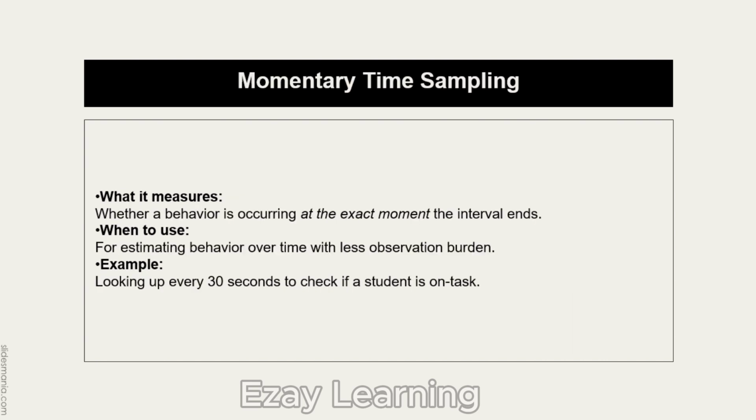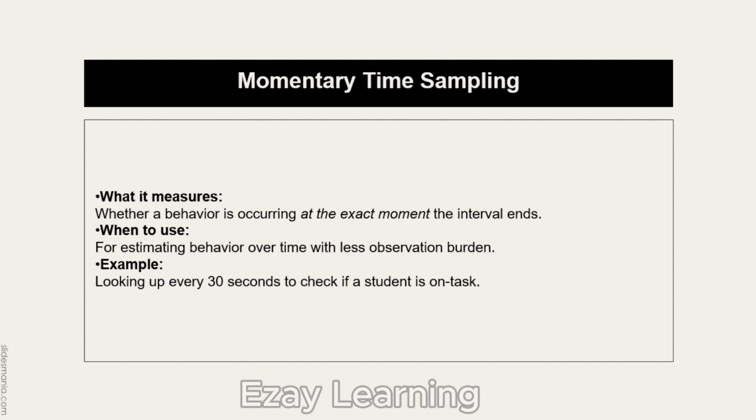Momentary time sampling is when the behavior is occurring at the very end of the interval. For momentary time sampling, you will mark the behavior only if it is happening at the end of the interval. This is used for estimating behavior over time with less observation burden, so you avoid observing during the whole time interval. Even for partial interval recording, you need to observe the whole interval to check if the behavior is occurring at any time.